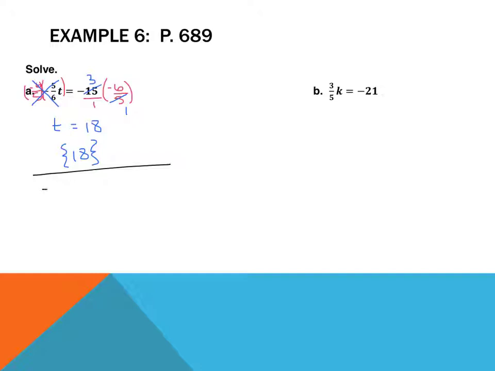So that's going to be negative 5/6 times 18 over 1 equals negative 15. Okay, so multiplying, I can multiply straight across and then reduce, or I can cross-reduce. So 6 and 18, that's 1 and 3. Negative 5 times 3 is negative 15. 1 times 1 is 1, so 15 over 1 is still 15.